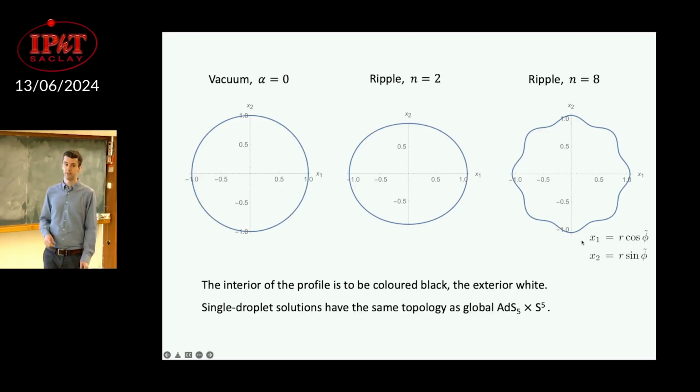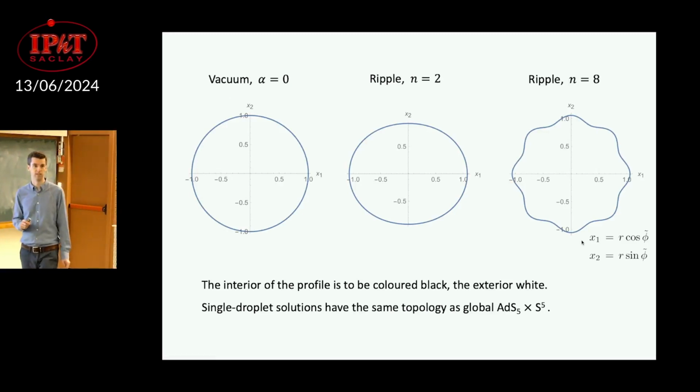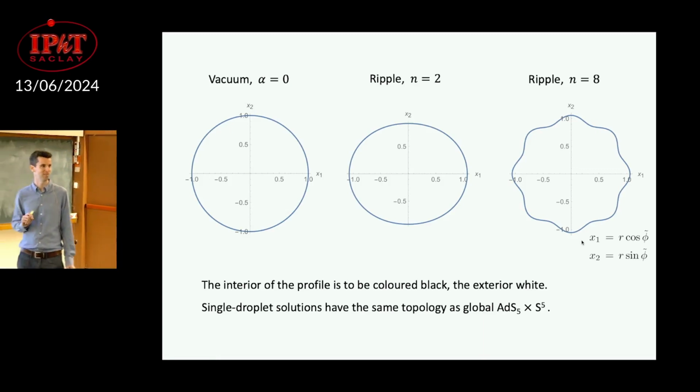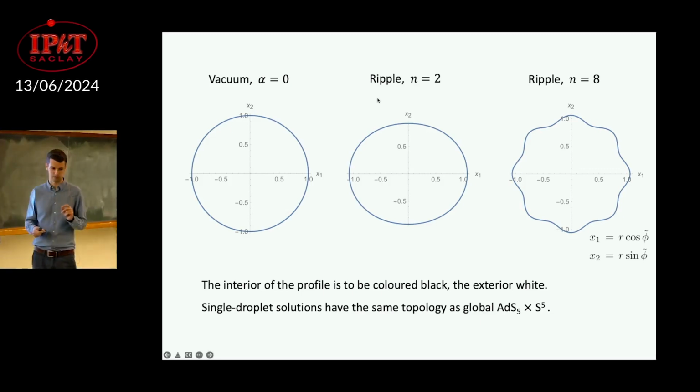I will invite you to use your imagination to color in the interior of these line plots with black for the interior of the droplet and white in the exterior. So how should you think of this configuration as describing the vacuum?